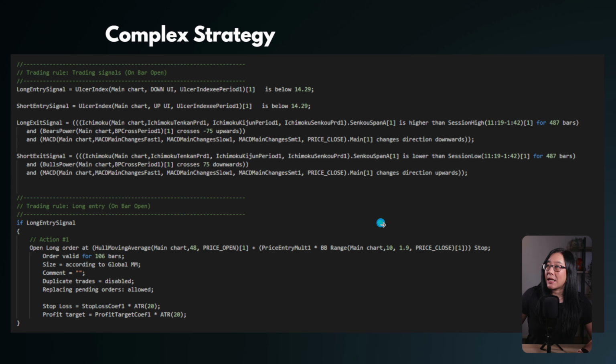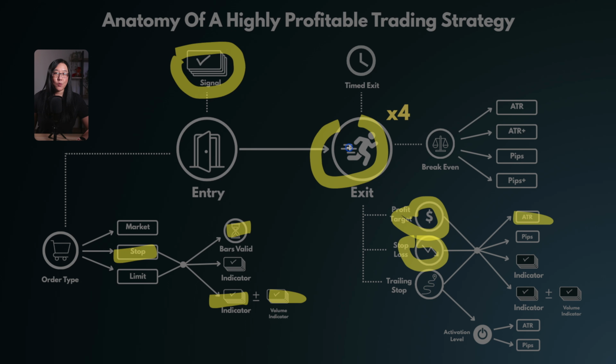Plus we're using a session high and a session low. We've got a stop order. We've got a stop loss, a profit target that uses a multiplier of the ATR. That's a lot of different indicators. And when you highlight them all on your chart, now we've got 12 total different components in this one strategy.